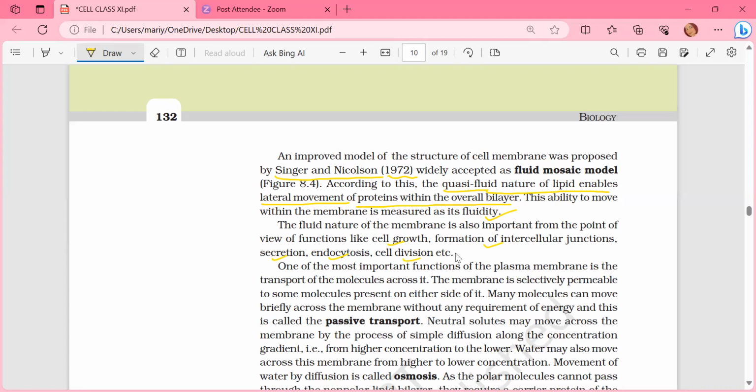If a membrane is fluid in nature, it is more flexible and allows things to move through. Only then can it expand and secrete. But if the membrane were stiff, it could not perform all these functions.